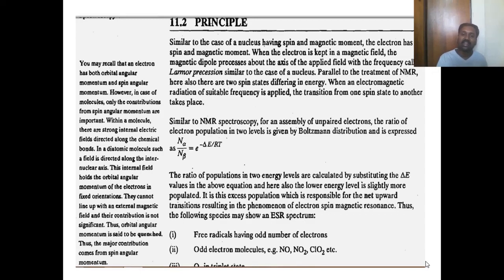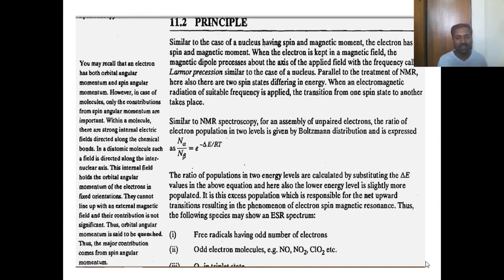Now let us consider the spin angular momentum. We all know a spinning particle, be it a nucleus or an electron, has a spin angular momentum which is intrinsic to a spinning body. Now this spin angular momentum is represented by the quantum number S, which, in the case we are considering, an isolated free electron, is equal to half.